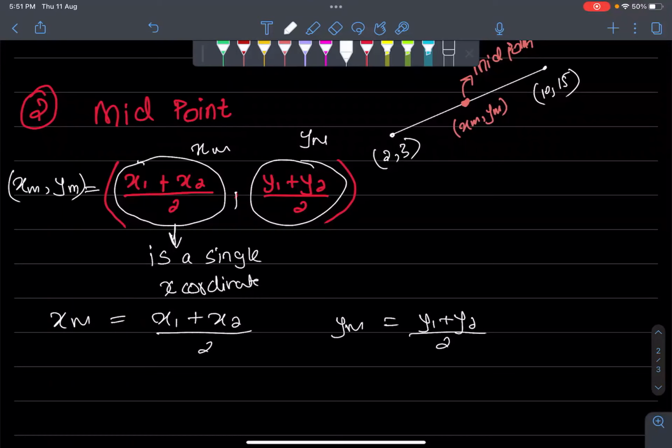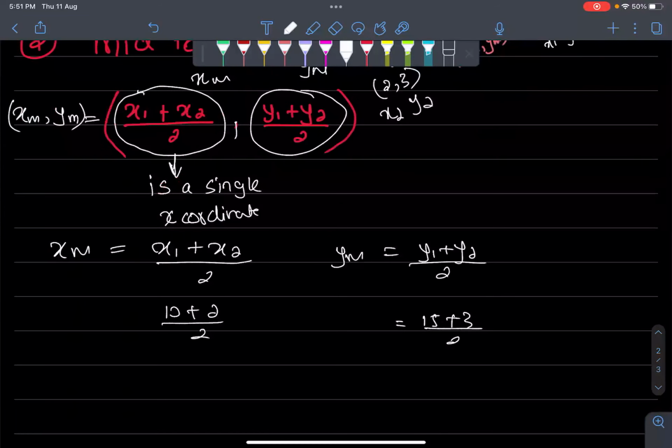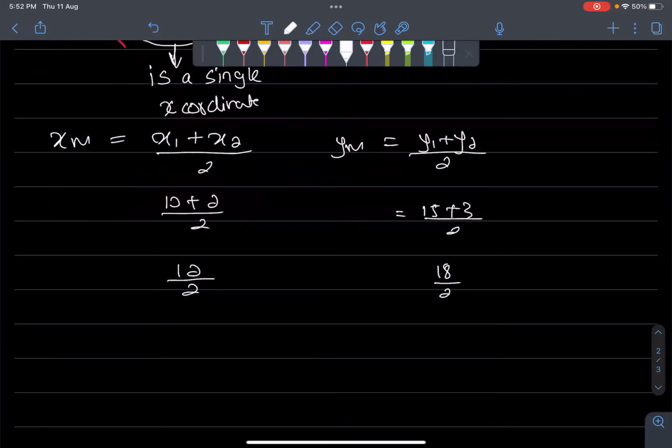Now, the naming that I'm using is, let's call this x2, y2, x1, y1. Okay, now according to this, my x1 is 10, so 10 plus 2 upon 2. And for ym, 15 plus 3 upon 2. 12 upon 2, 18 upon 2. 6, 9.